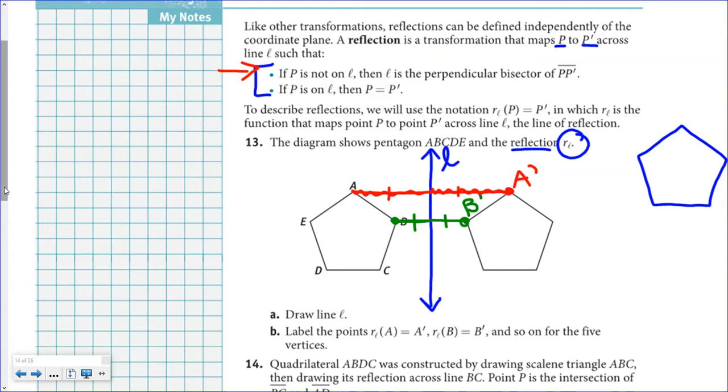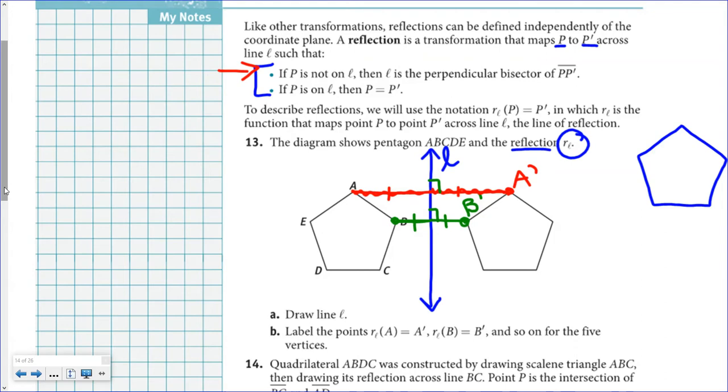When you reflect it, you're going to still be the same distance away from your line of reflection. Now, perpendicular bisector. These make right angles. So your line of reflection is actually going to be the perpendicular bisector. It's always going to be that way. So that's how it creates a perpendicular bisector.